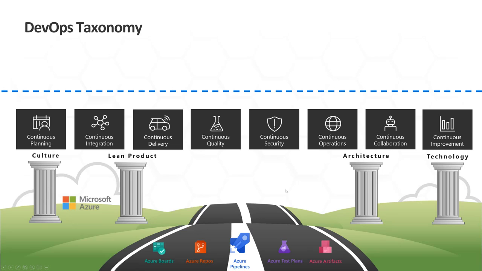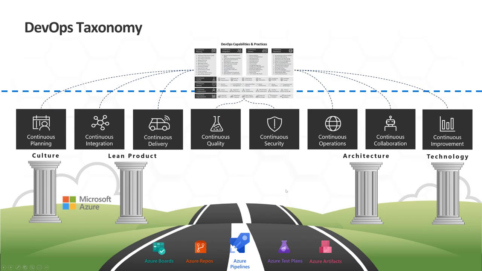And then if we put it into perspective, really what it looks like is, and I know this is really small, I'm going to blow that up in just a second here. But what that really looks like is here are the basics of when we talk about DevOps, here are the capabilities that we're talking about, and here are the practices that lead to all of these continuous quality, continuous operation, continuous collaboration, everything else.